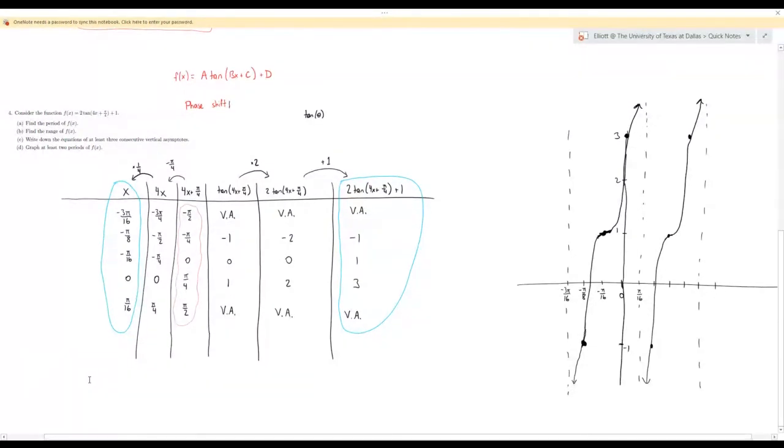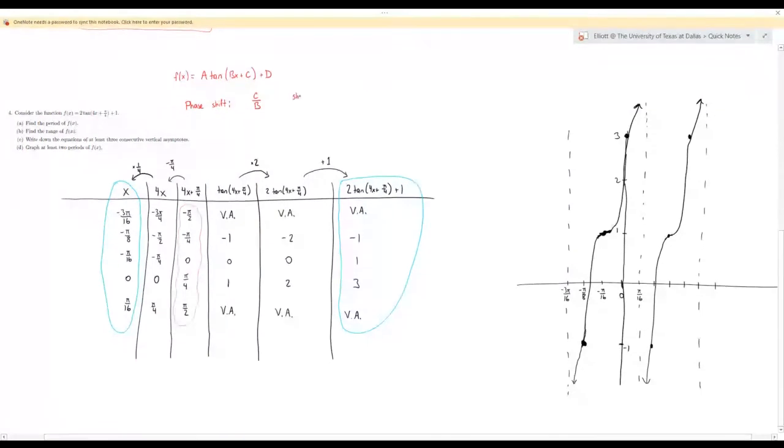Yeah, good. So yeah, the formula for the phase shift, whether it's tangent or any other trig function, if you have like a bx plus c on the inside, the formula for the phase shift is going to be c over b. Okay. And then you can determine if it's shifting left or right, depending on whether it was a plus or minus.